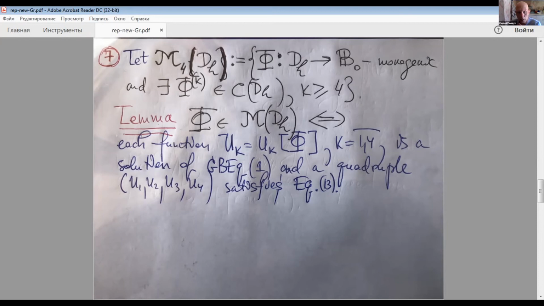And we have such a lemma. The function f belongs to this class if and only if each real component of such a function is a solution of the generalized biharmonic equation 1, and the quadruple of these functions satisfies equation 13. This is a general statement.